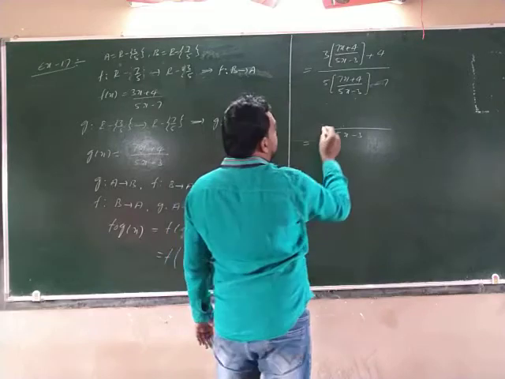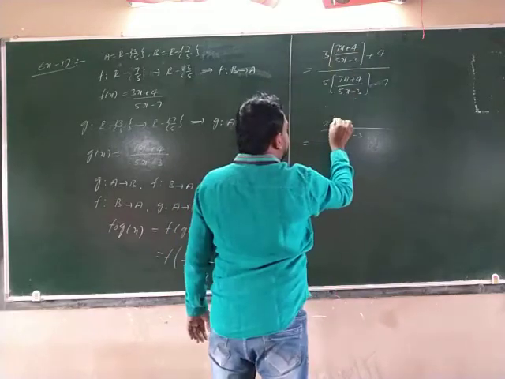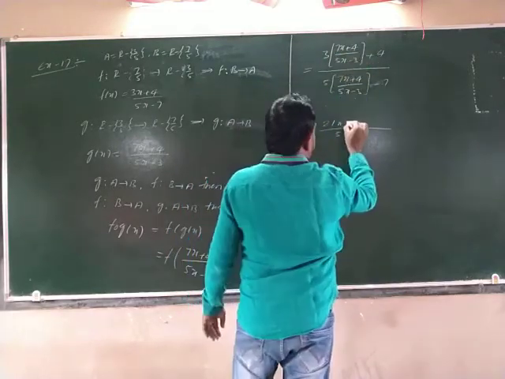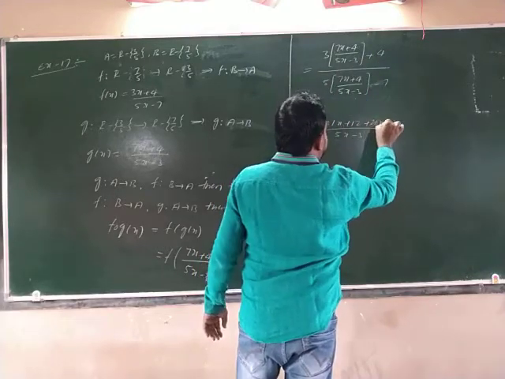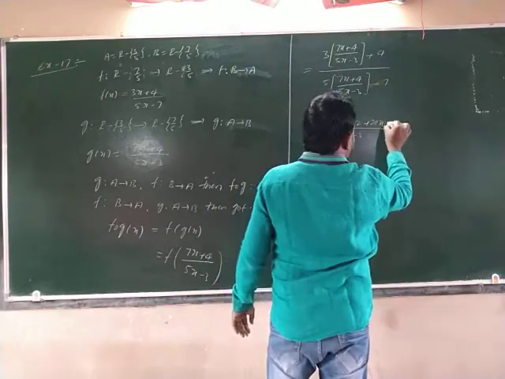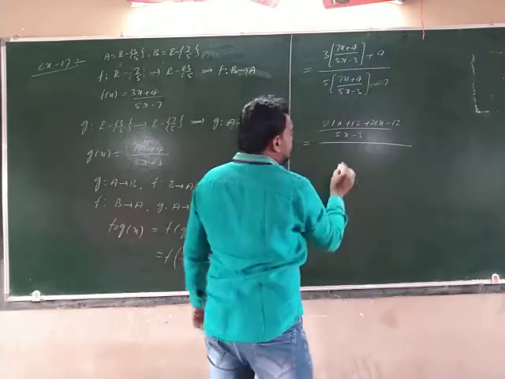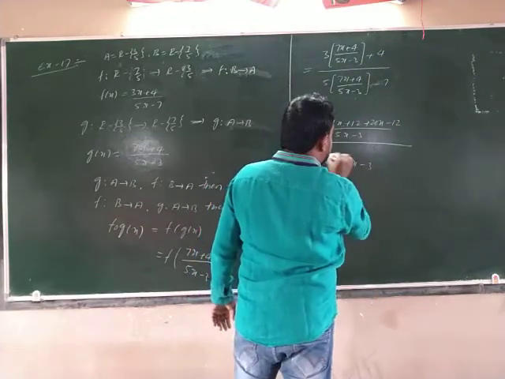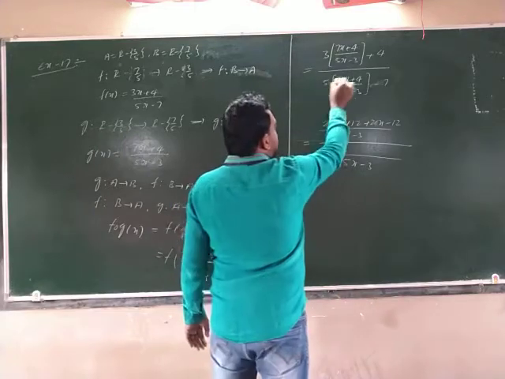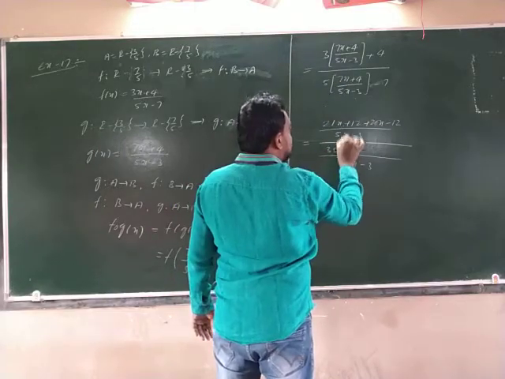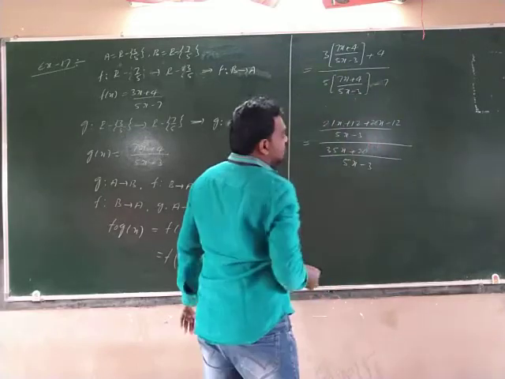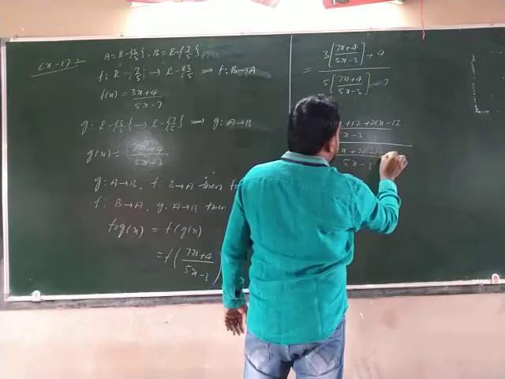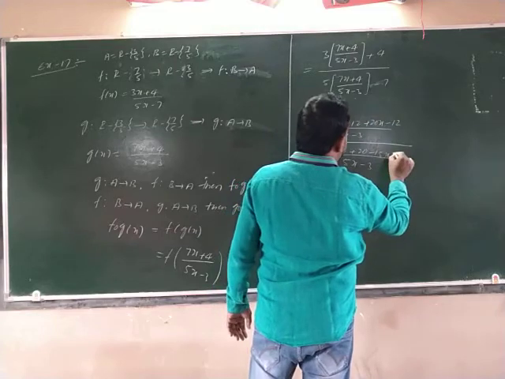The numerator: 7 3s are 21x, 3 4s are 12, plus 12, 4 into 5 is 20x minus 12, divided by the denominator, also with LCM 5x minus 3: 7 5s are 35x, 5 4s are 20, minus 7 into 5 minus 15x, minus into minus plus 21.